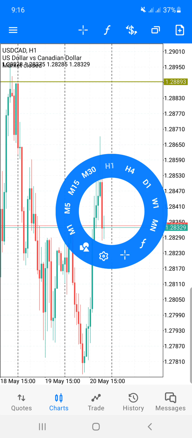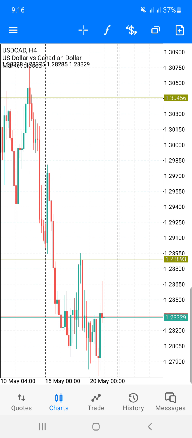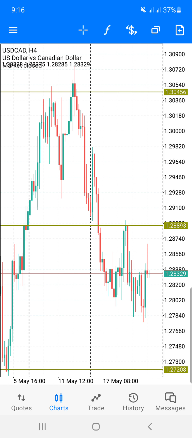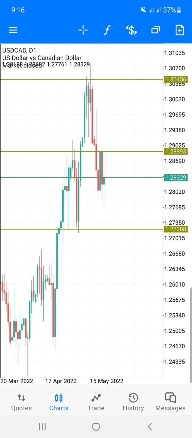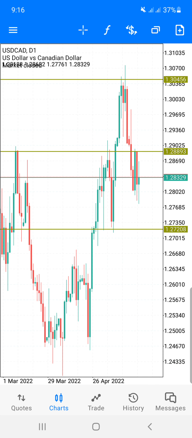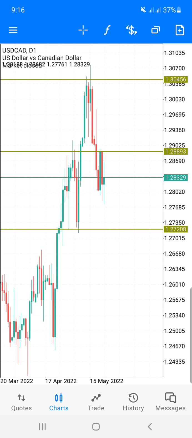If you switch from 1 hour to 4 hours time frame, if you count the number of candles that form in this 4 hours time frame, I think it should represent candles that form here in a week. If you switch to daily time frame, it should be candles that form in a month.